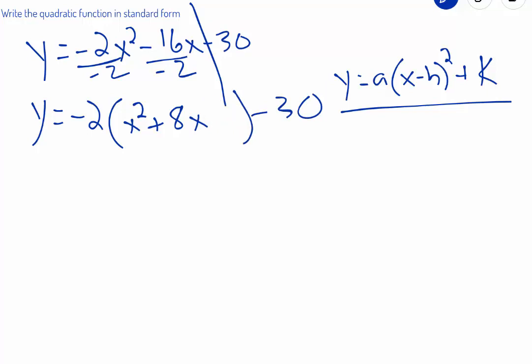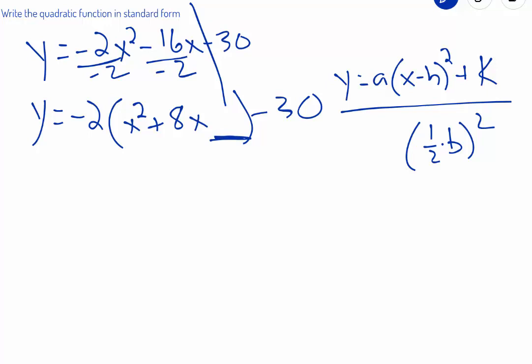Now, what we're going to want to do next is complete the square. So in completing the square, we take half of b and we square it. And we add it in as our number so that we can then factor this trinomial.